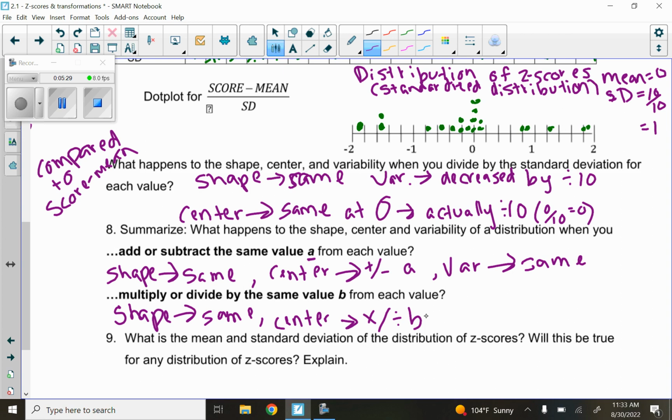So if we were multiplying, then your center would be times that. Think about it like when we were transforming in geometry, when you have a dilation and you have that scale factor, that's what's happening to your center. We're either multiplying or dividing by that value. And then our variability will also multiply or divide by that value. So once again, similar to a scale factor with a dilation.